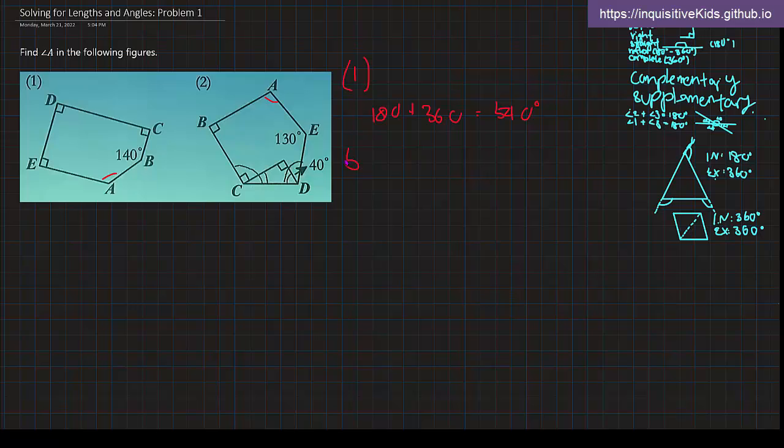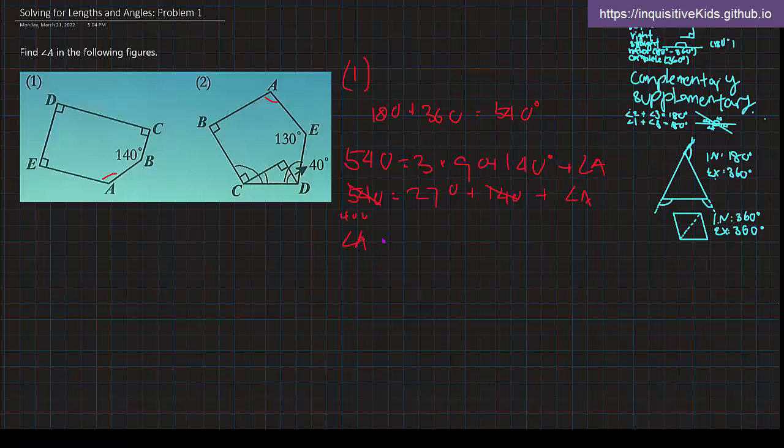So if we know that added together it should be 540 degrees, and we already know that there are 3 angles that are 90 degrees, and we know that angle B is 140 degrees, and we also know that it's added to angle A. To find angle A, we just need to solve this, right? 540 is equal to 3 times 90 plus 140 plus angle A. So 540 equals 270 plus 140 plus angle A. So 540 and 140 both have the 40, I'm just going to cancel that out.